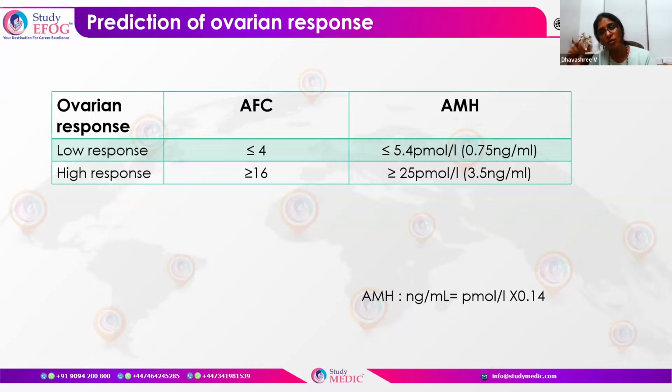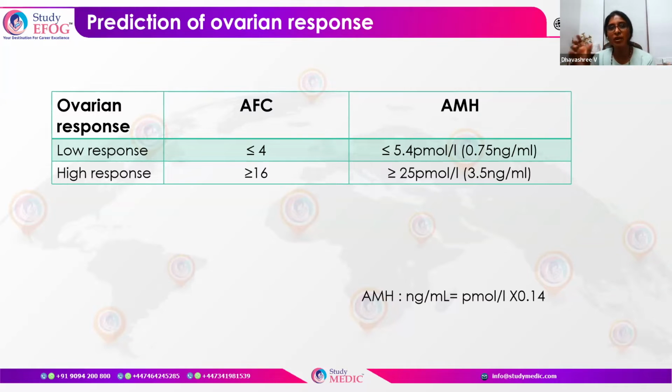If it is more than or equal to 3.5 nanogram per ml, it is considered to be a high responder. Anywhere between 0.75, that is 0.76, to 3.5 is considered to be a normal responder.